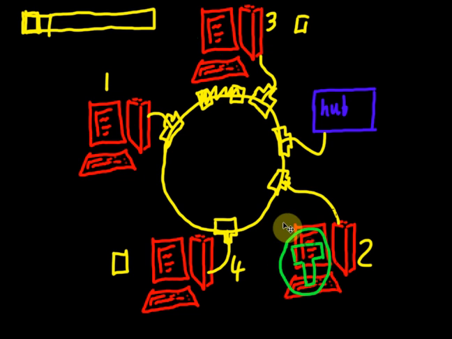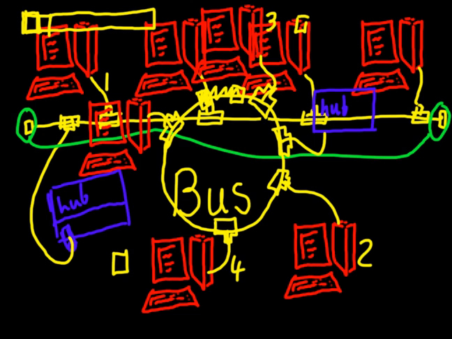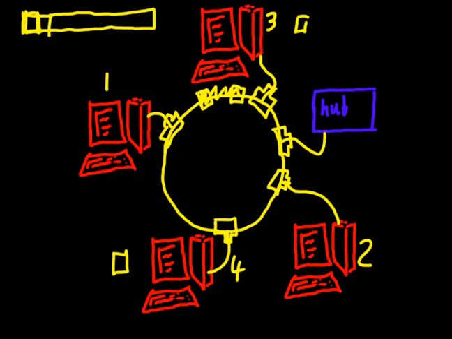And it still suffered from the same fragility of the bus network, as any break in it would take the whole network down in one go. So, for those reasons, sadly, we no longer use either our bus or our ring networks, or even our token ring networks. Neither of those systems are used anymore.